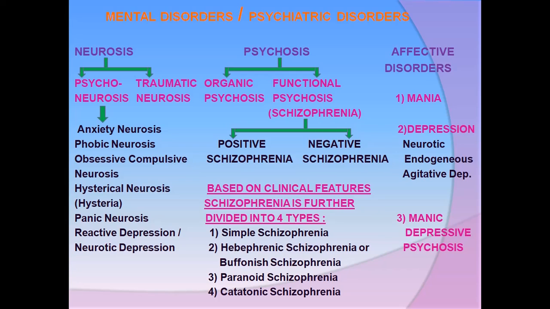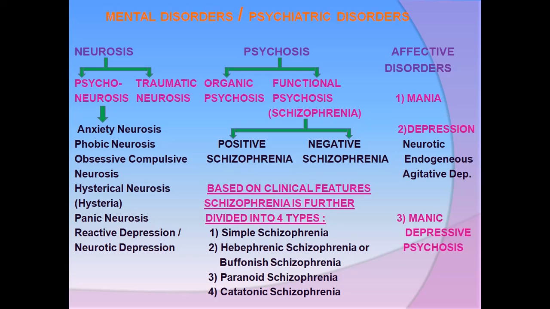Based on clinical features, schizophrenia is further divided into four subtypes. These are simple schizophrenia, hebephrenic schizophrenia, also known as buffoonish schizophrenia, paranoid schizophrenia, and fourth being catatonic schizophrenia.